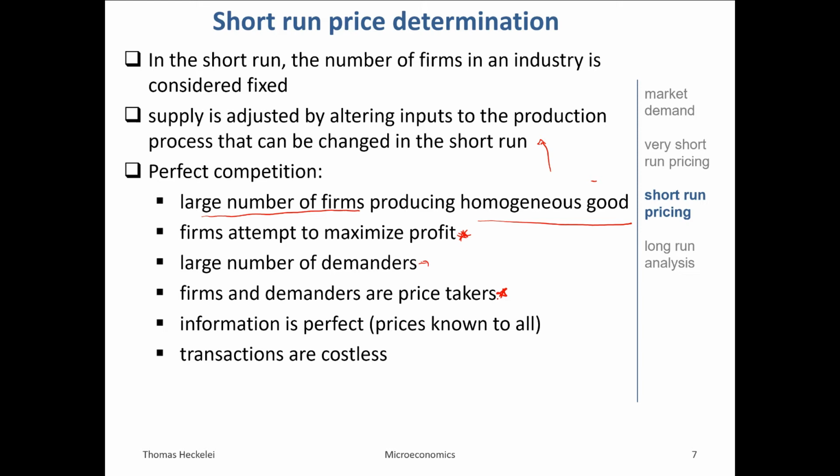Even when you trade on the stock market or oil markets, you have to pay something, right? This is ridiculous, impossible. What are we talking about now? Remember, this is perfect competition, and that's just the assumption in order for this model to work.